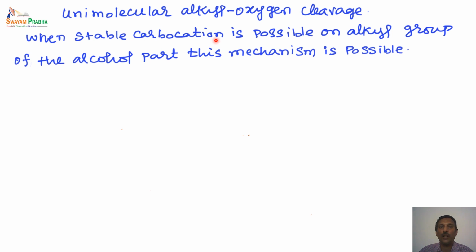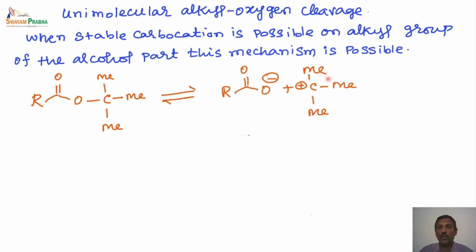If a stable carbocation intermediate can be formed by the oxygen alkyl group cleavage, then that is possible. So here we have a tertiary butyl group, oxygen and this particular carbon. If this particular bond is cleaved, then we will end up with a tertiary butyl carbocation, which is quite a stable species.